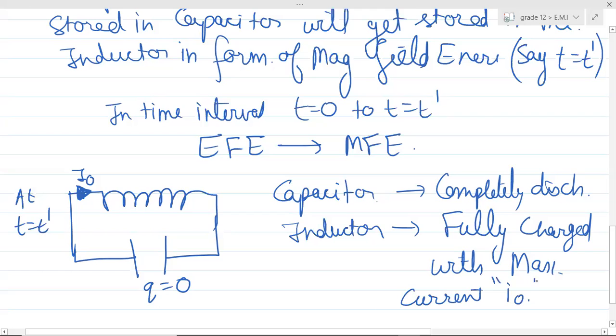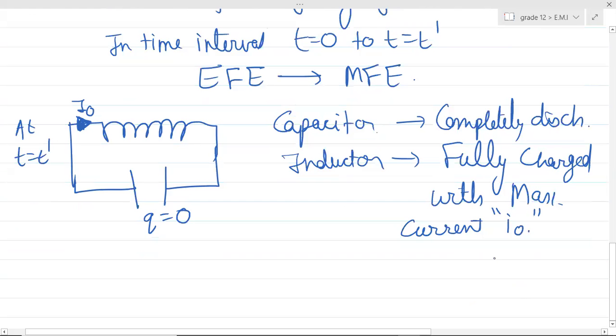Yes or no? Now this inductor will start behaving as a what? I am writing I naught over here so that you will understand that this inductor starts behaving as an active inductor and will start supplying the current.